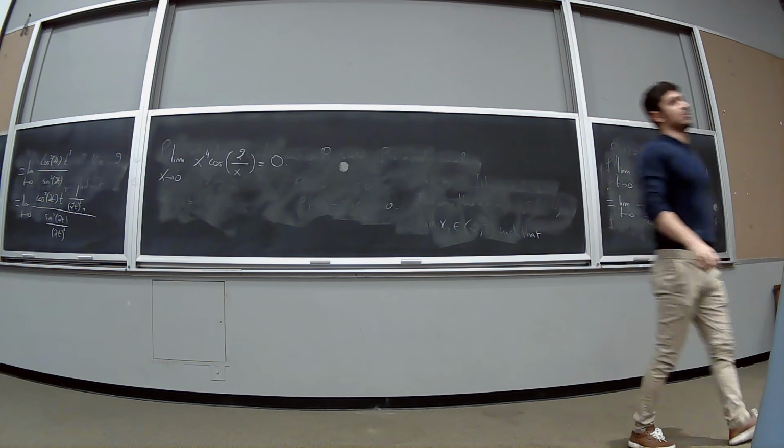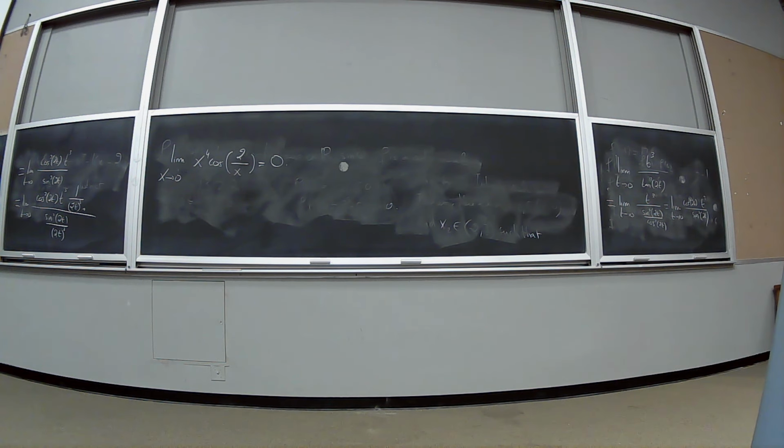So this example, what does it involve? Everybody, what does it involve? Squeeze theorem. So what's the first thing you do when you have a limit? You plug in. The first term, where does it go to? X to the 4 goes to 0. Everybody, are we all good with this?